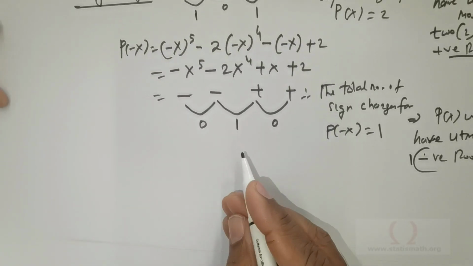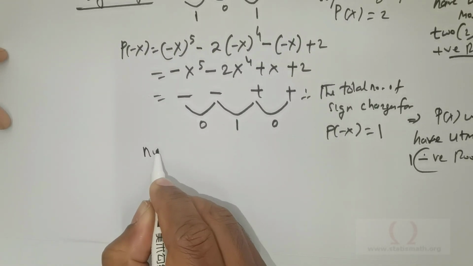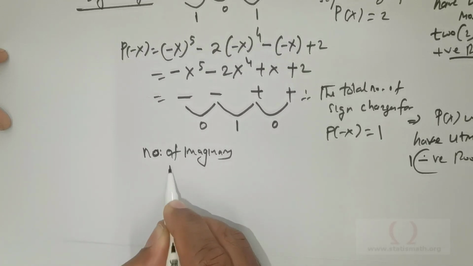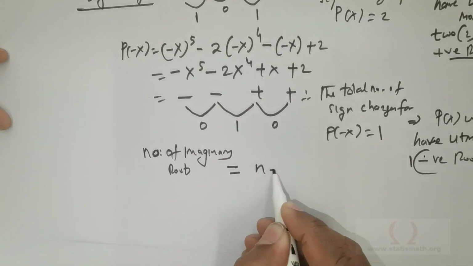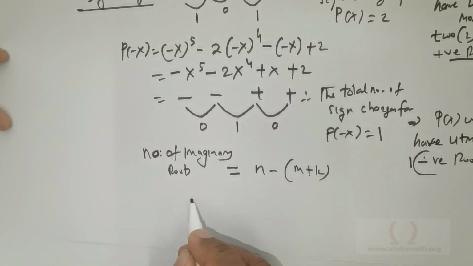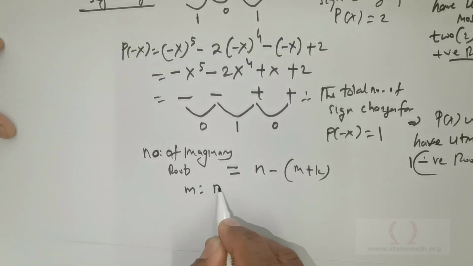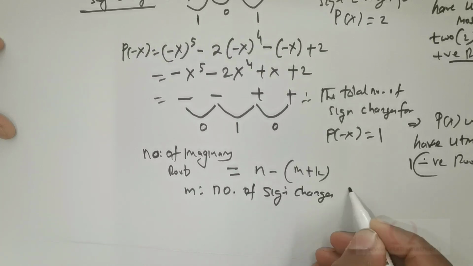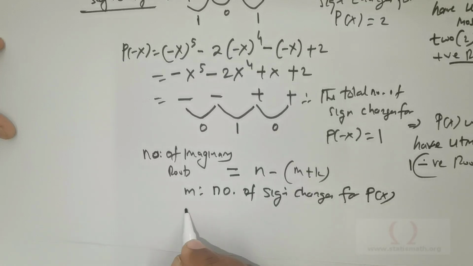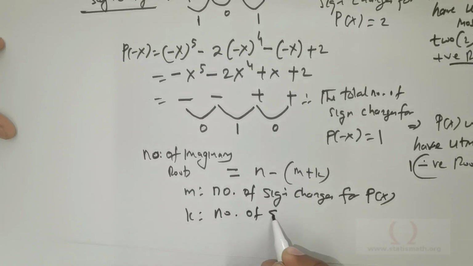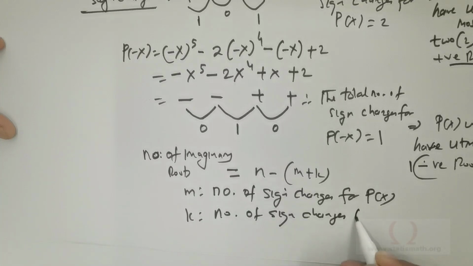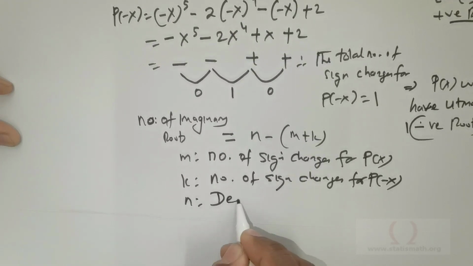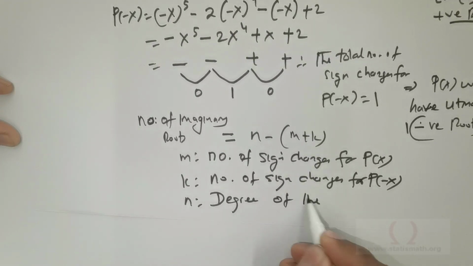Now there is the next thing you got to know. The number of imaginary or complex roots is given by the formula n − (m + k), where m is the number of sign changes for p(x), k is the number of sign changes for p(−x), and n is the degree of the polynomial.